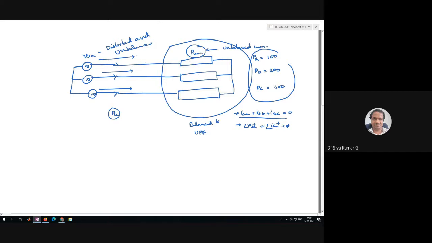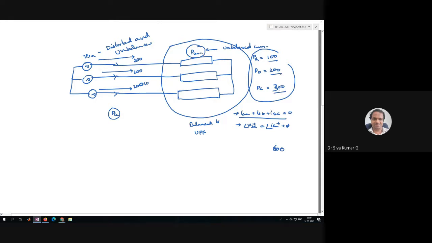Let us assume the power is 100, 200 and 400, total around 700, so in all the phases it has to enforce about 200 watts. But how does it redistribute the power in order to get the load average power of 100 watts, 200 watts and 300 watts?